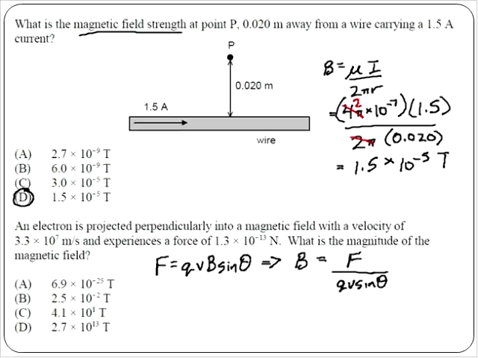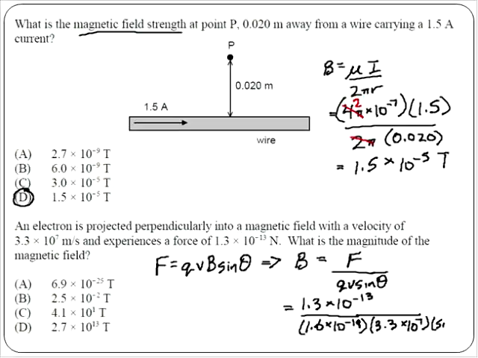Now all we have to do is plug in our numbers. So the F, the force, is given 1.3 times 10 to the power of negative 13. And on the bottom, all these numbers are given as well. Q, the charge, well, since it's an electron, we know the charge is 1.6 times 10 to the negative 19. That's actually on the formula sheet. It's there as 1.60, but that's fine. The V, that's also given. It's 3.3 times 10 to the power of 7.